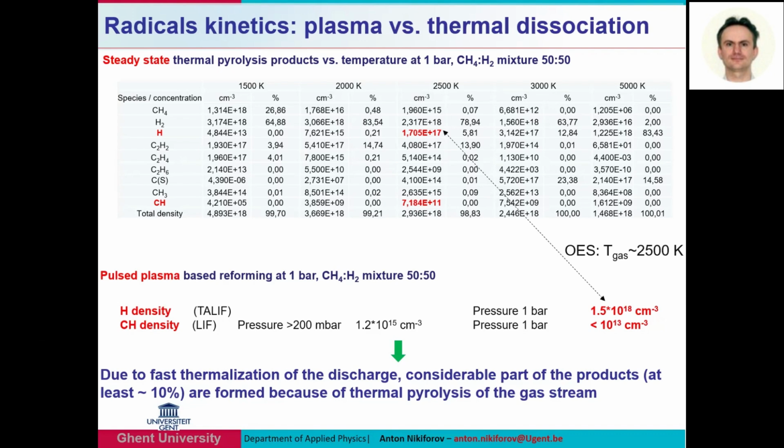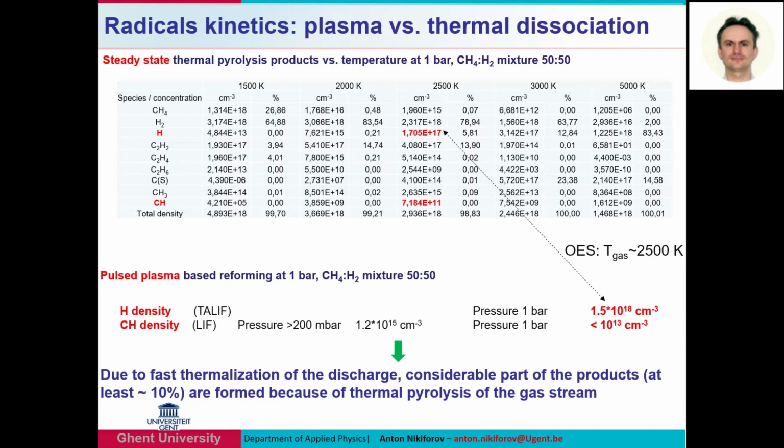So here are the results we got from the thermodynamic simulation of the gas mixture. We see the amount of hydrogen which is produced in the temperature range which we measure in our plasma. Only about 10% of the hydrogen, if you compare with experiments, is formed because of the heating.